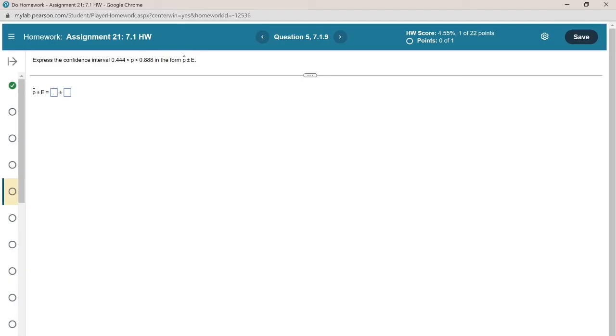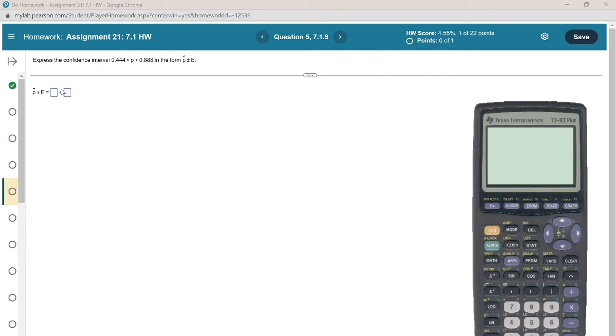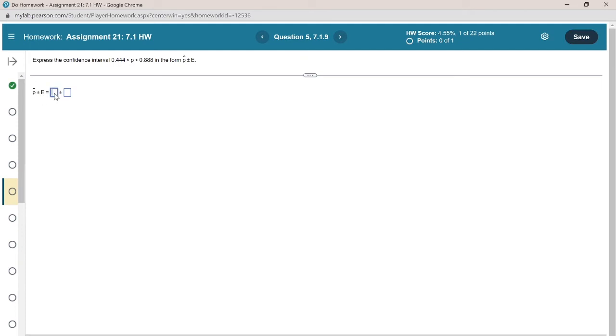We have been given the upper and the lower confidence limits. So p hat is the addition of the upper one, 0.888, plus the lower one, 0.444, divided by 2. That gives us p hat, which is 0.666.